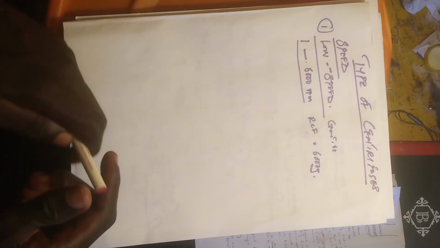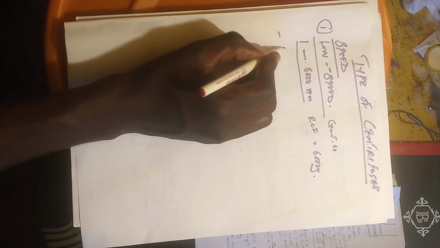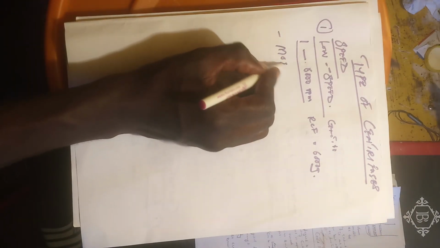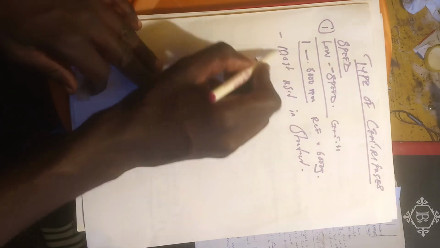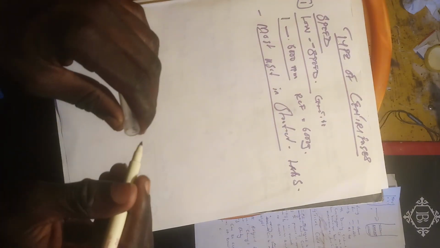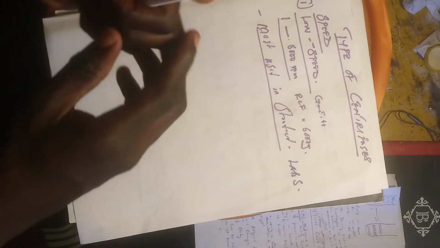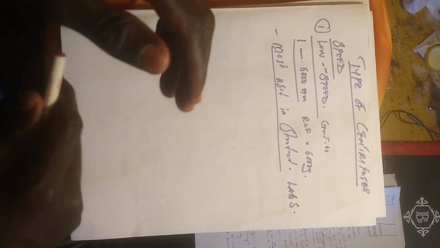Because it has low speed and it does not generate heat when the process is taking place. That is why it is the most used in standard labs. So you find it there at your laboratory, at your school lab. You'll find that this is the most used.